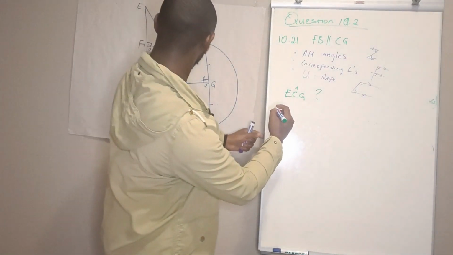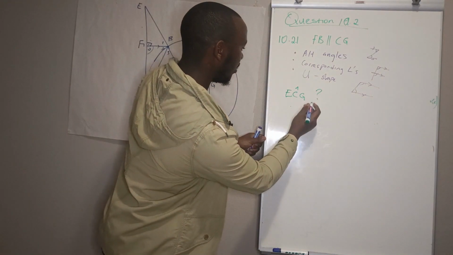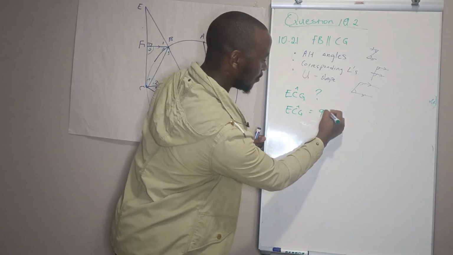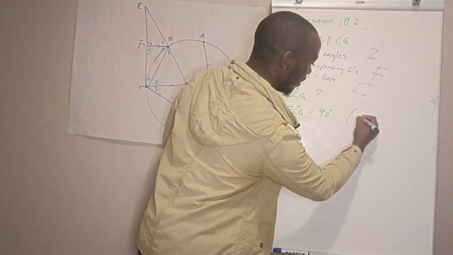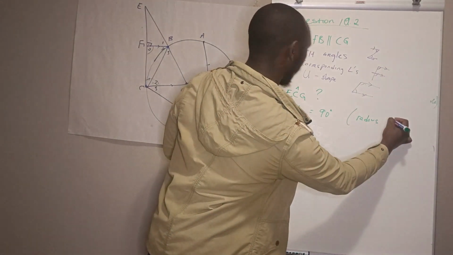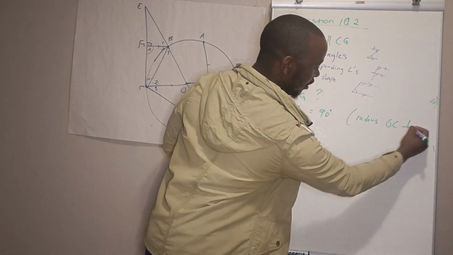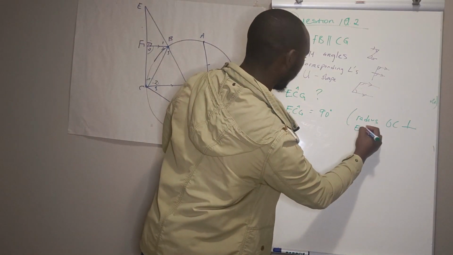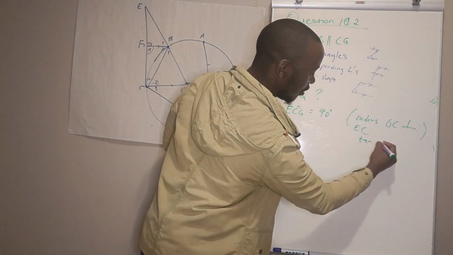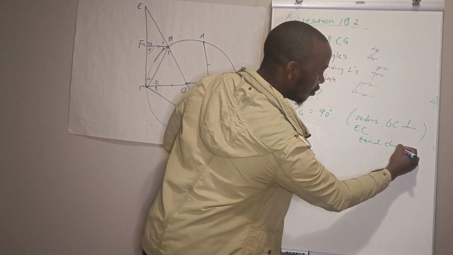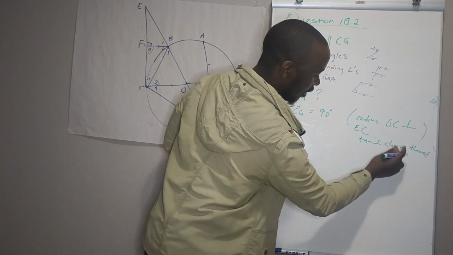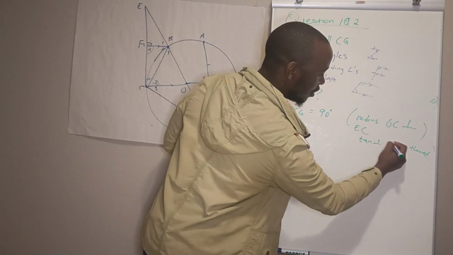Okay, so ECG is equal to 90 degrees because radius OC is perpendicular to EC, and we call that the tan perpendicular to radius theorem.